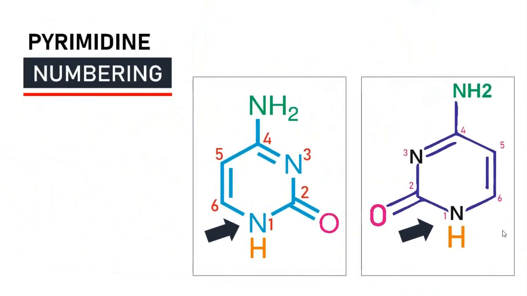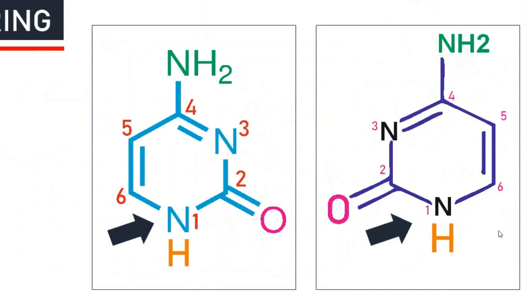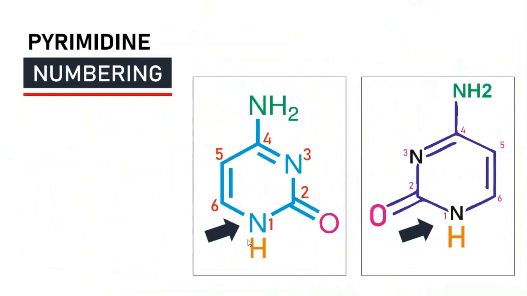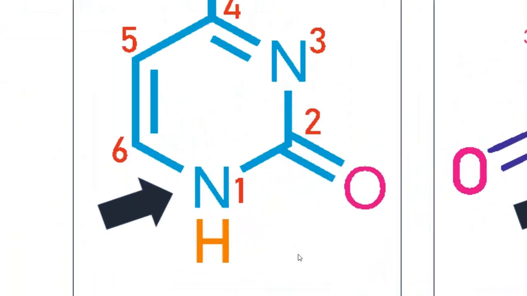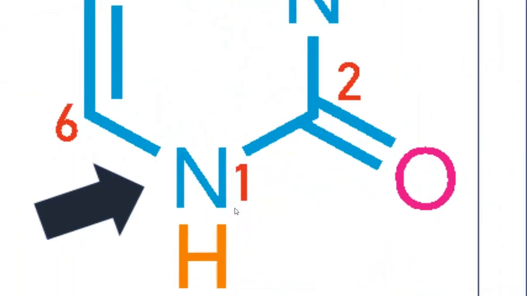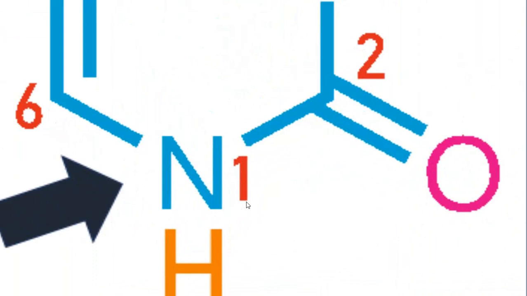In the case of the numbering, there is a tricky thing we have to follow here. In the case of the pyrimidines, the nitrogen which is located at the basal position here at the base is labeled as N1.